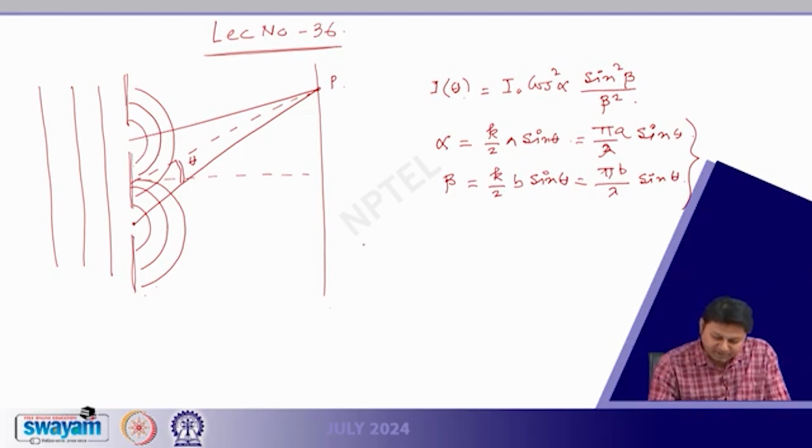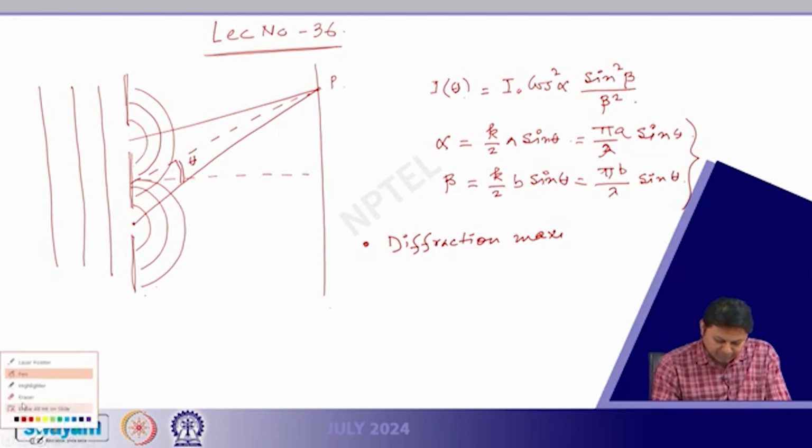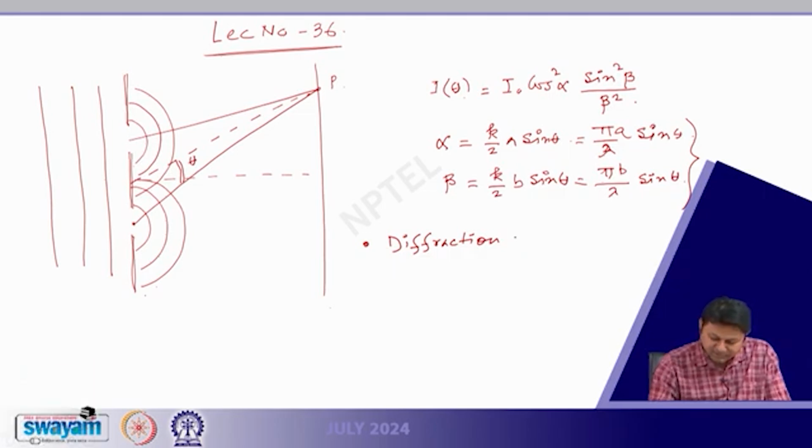First we calculate the diffraction minima, because we need to calculate the missing order. The diffraction maxima we already calculated, and that needs a transcendental equation.